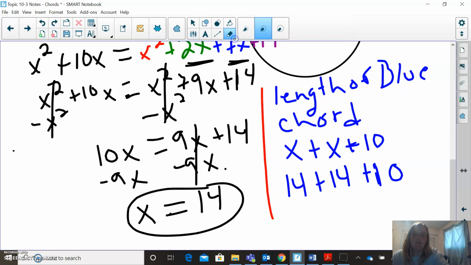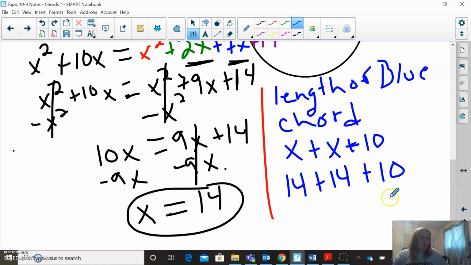Alright, and 14 plus 14 is 28. 28 plus 10 is 38. So this equals 38. So the length of the blue chord is 38.